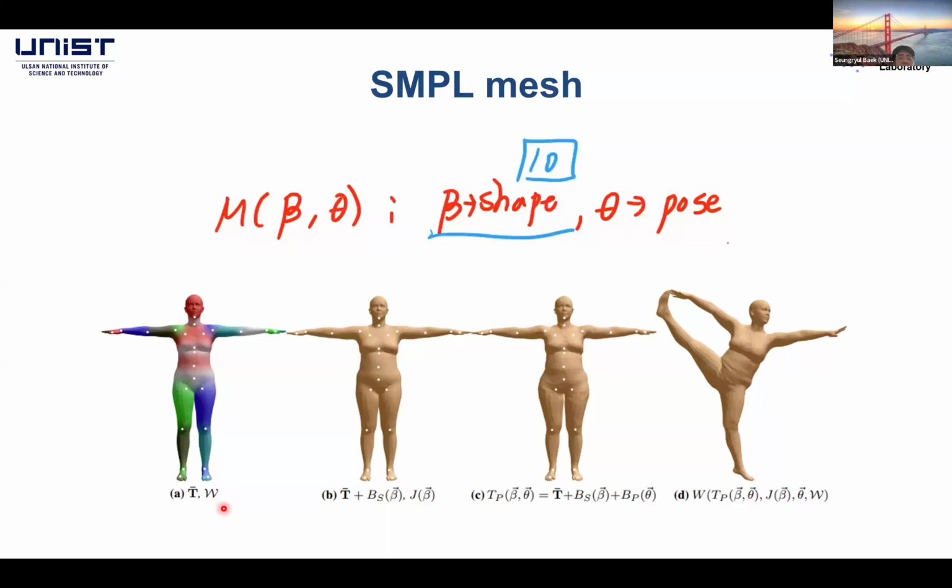And each entry of this W matrix is called W i comma K, which means each vertex of this SMPL mesh can be mapped to K disjoint parts. Okay, and each color is denoting that. Are you guys understanding this?